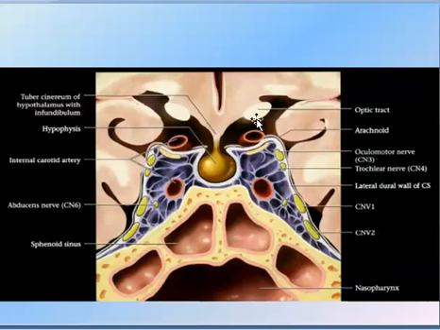This is the optic tract, and this is the hypophysis or the pituitary, hypothalamus and infundibulum going to the pituitary, which is seen present in the sella turcica. This will be the sphenoid sinus, and this will be the nasopharynx.